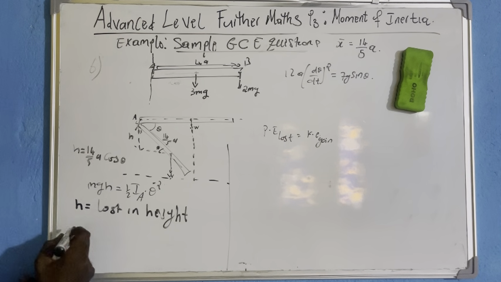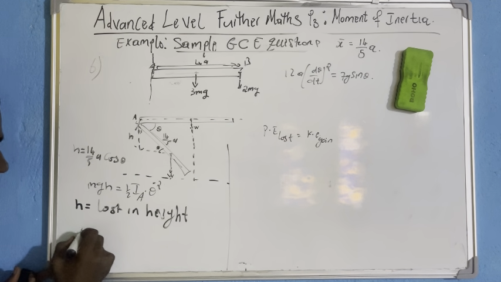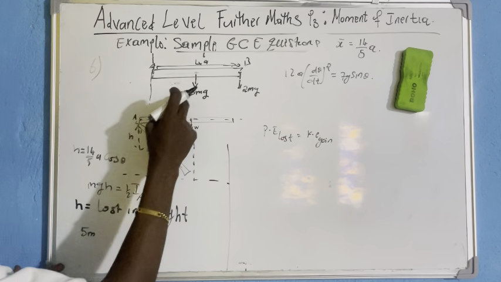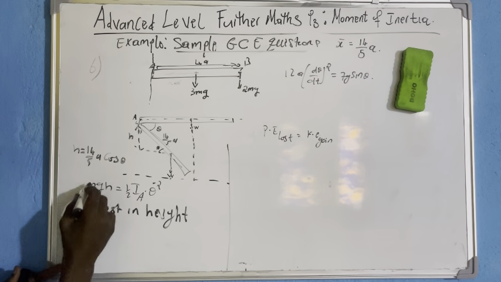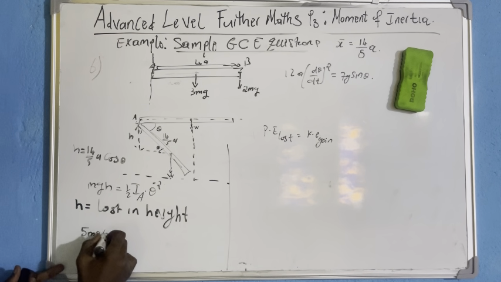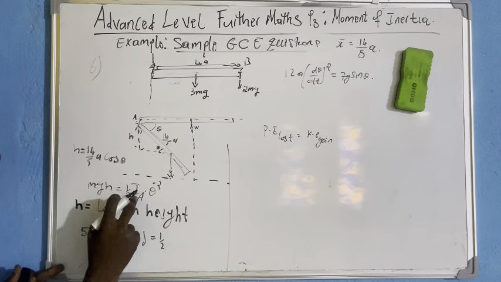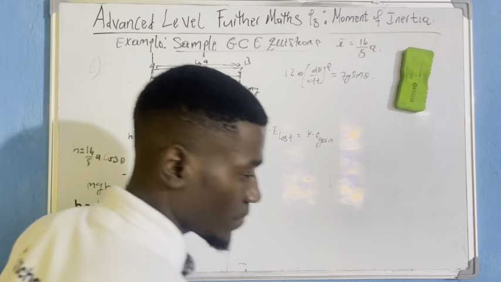Then we'll come and replace here. The mass, remember the mass of the system is how many? 5m, because this is 3m plus 2m, 5m g. Then h is 14 all over 5a cos theta, should be equal to half. Now, moment of inertia, we calculated the moment of inertia.